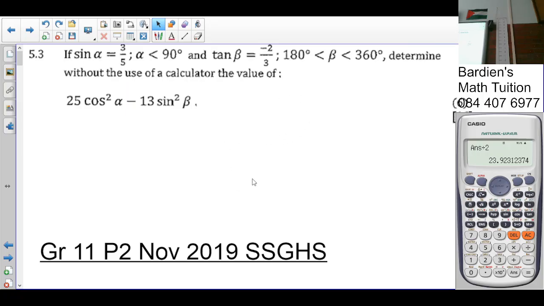5.3. If sine of alpha equals 3 over 5 and alpha is less than 90, what does that mean?